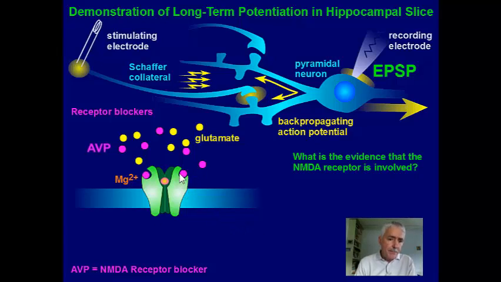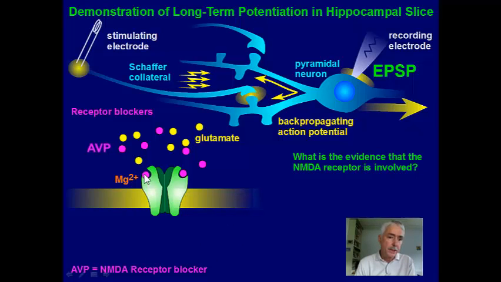What happens is it binds to the glutamate binding site. In fact, its structure is rather similar to glutamate. Only APV is incapable of activating the NMDA receptor. So even if you have a depolarization, magnesium leaving, still it can't activate.